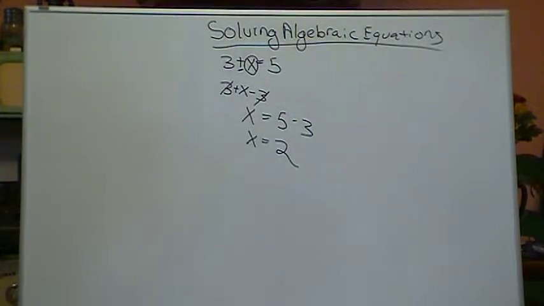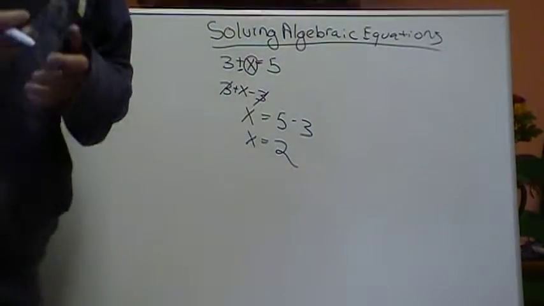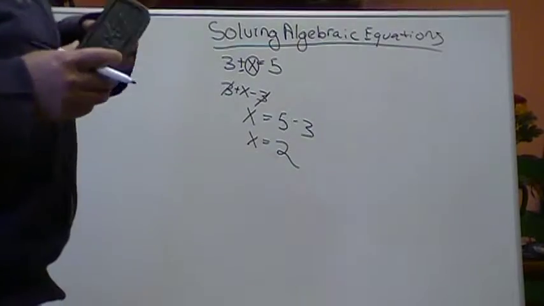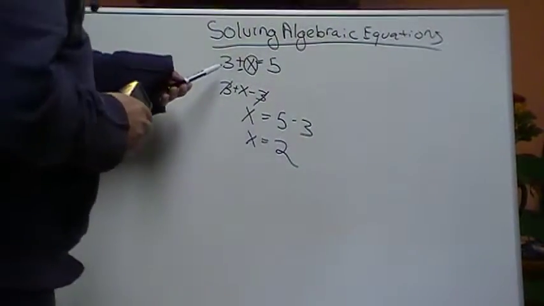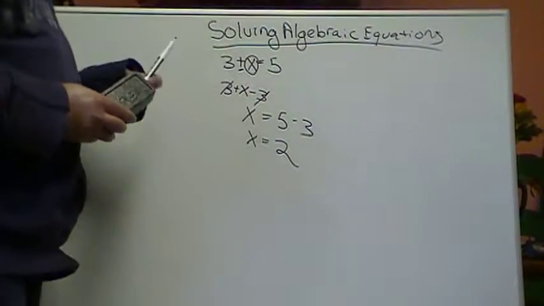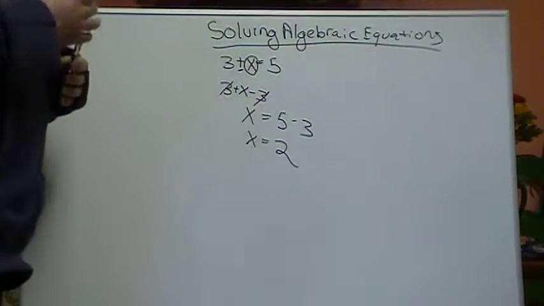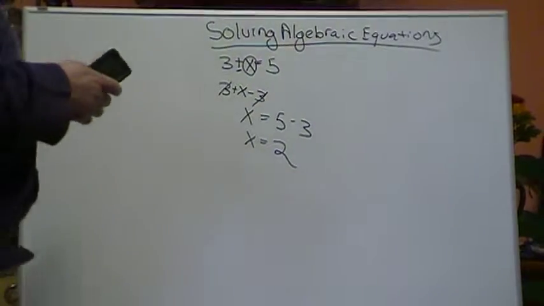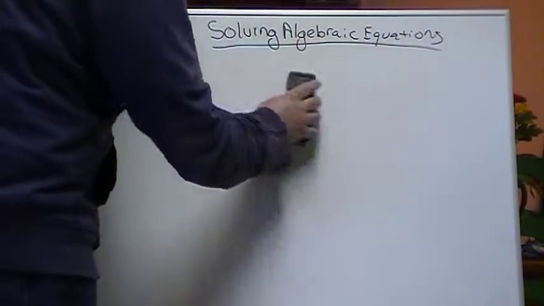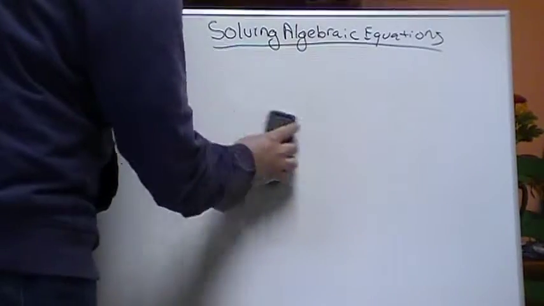That's your answer. Now, of course, this problem is so simple that you could intuitively think through it without using any algebraic manipulations. But do keep in mind that in algebra, very often the problem's not going to be that simple. And you're not going to be able to just look at the problem and determine the answer. Let's see if I can, really quick, give a more complex example.